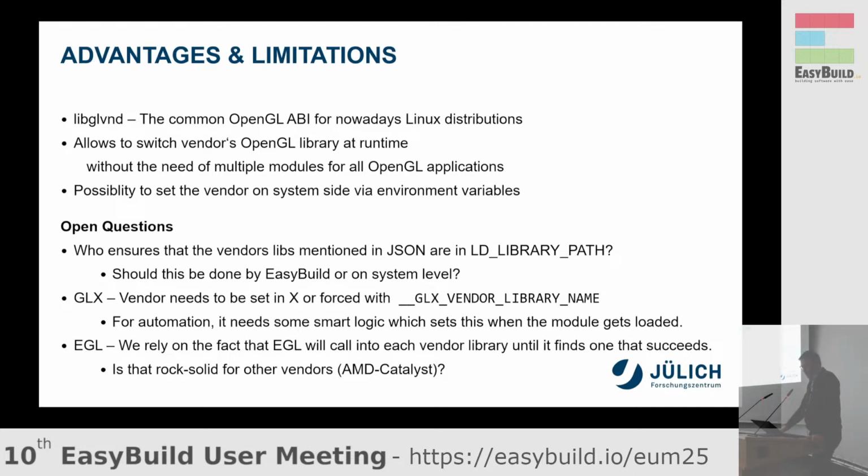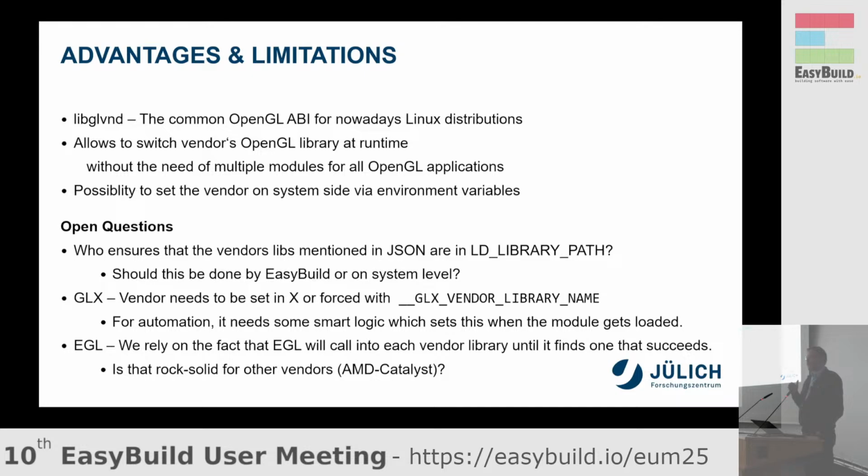That's also one open question, and the last one: I could not test with anything other than NVIDIA. The definition says that when loading a vendor library does not succeed, it will go to the next option.